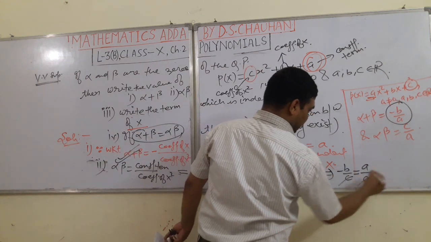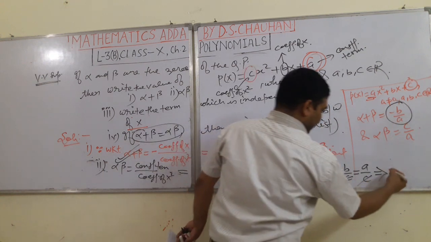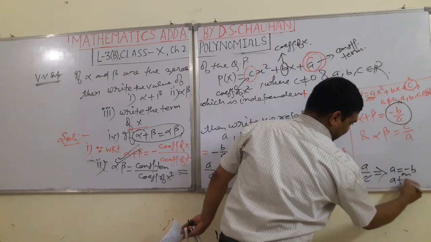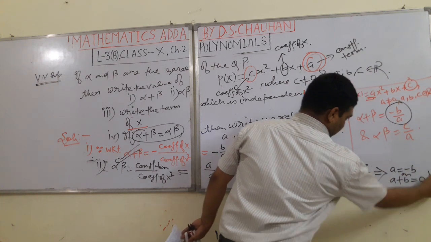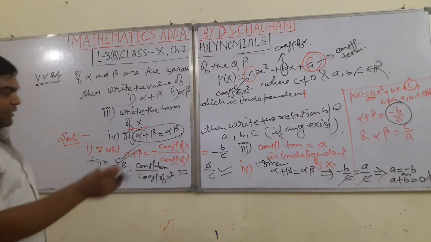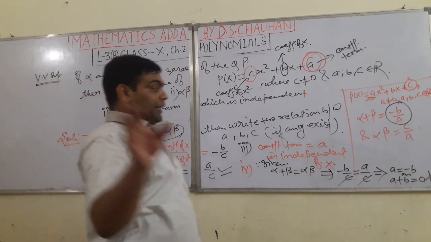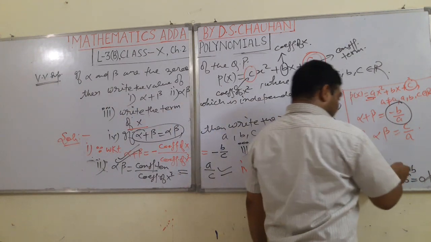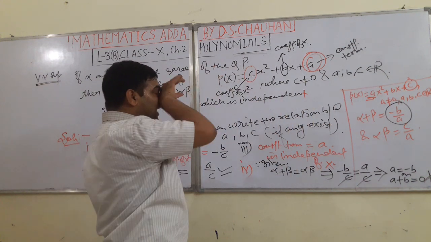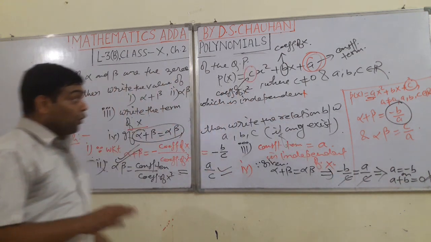The c's get cancelled, and you get a relation between a and b: a equals minus b, or a plus b equals 0. In this way you have got the relation between a, b and c, though here the coefficient of x square is not present. But this is the relation.